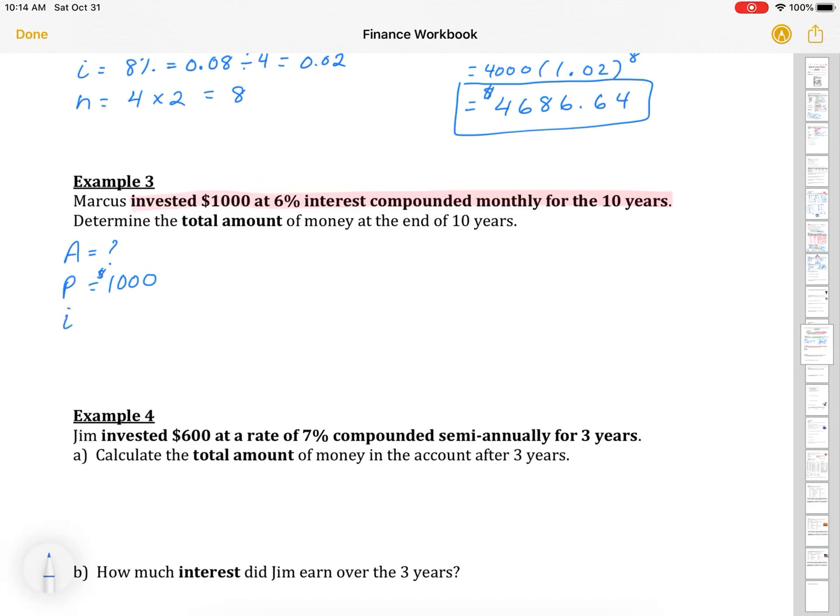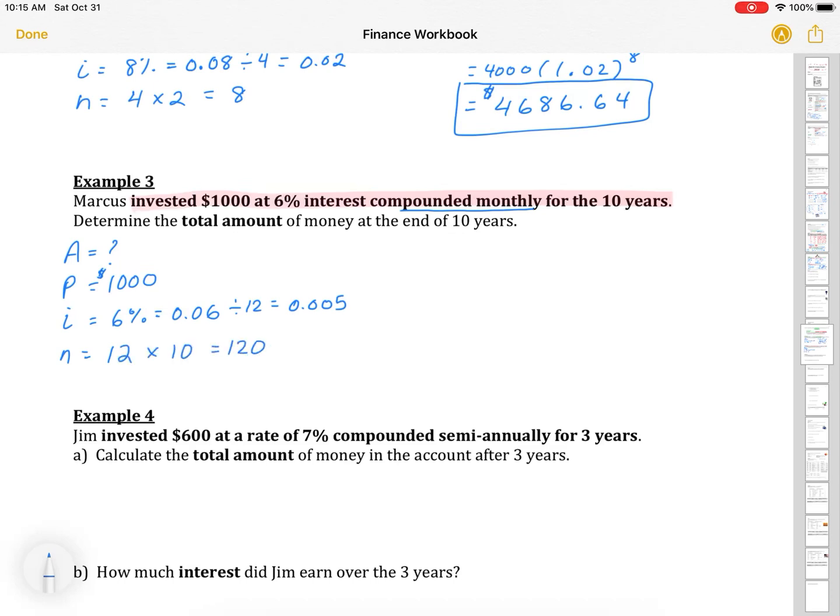Our interest rate equals 6%, which is 0.06, and it's compounded monthly. So we divide by 12, which equals 0.005. And n, well, it's compounded monthly, so that's 12 times a year and times 10 years.